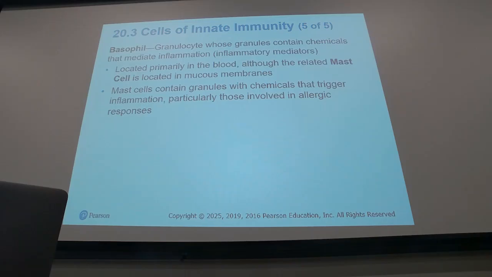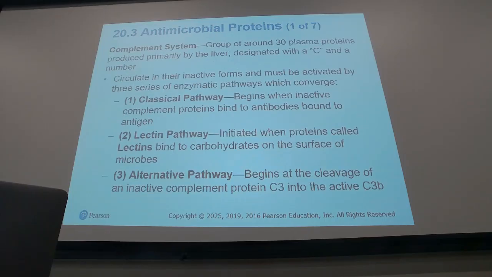Similarly to the eosinophils, when they release these chemical mediators of inflammation, you will have an allergic response. So those are cells of the immune system.